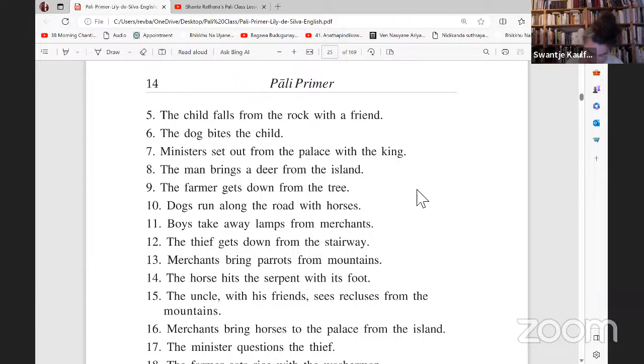I'm not sure how to translate along the road. Okay. Yeah, it's magena, right? Ah, okay. Yes, magena. Davanti. So it's a living thing, animal also. So we use saha and sabdin.